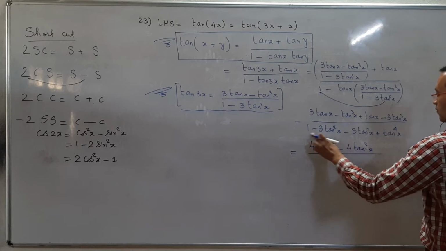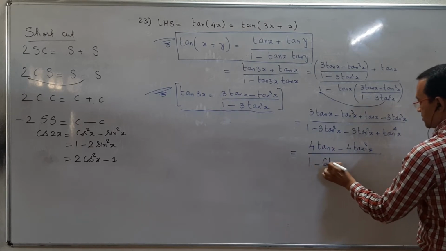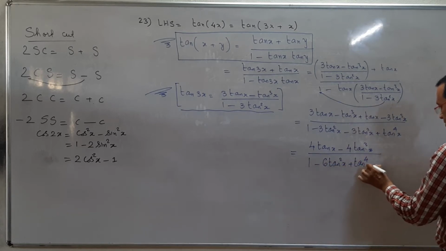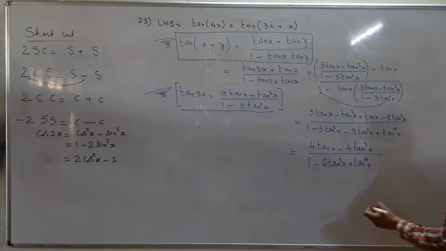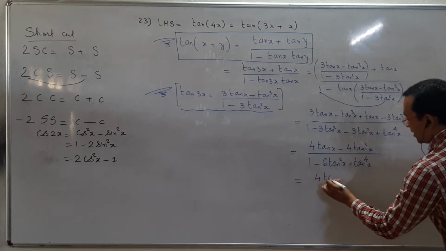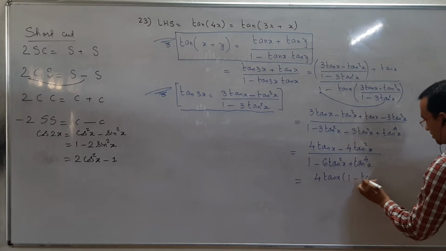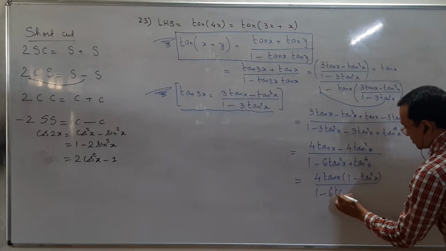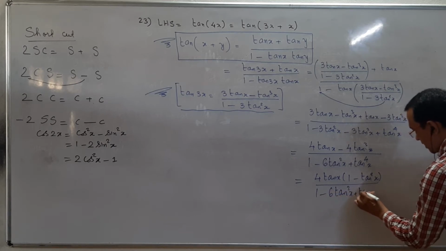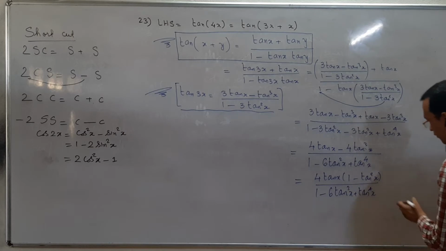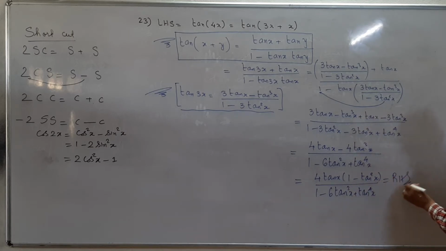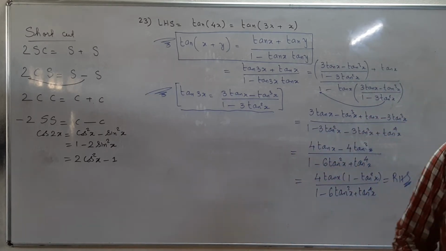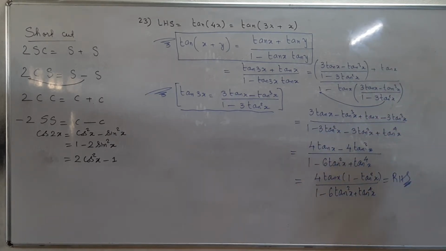upon 1 minus 6 tan square x plus tan x raised to 4. What is common from the numerator? 4 tan x bracket 1 minus tan square x, according to the answer, upon 1 minus 6 tan square x plus tan x raised to 4. That is, students, our RHS. This only, students, we have to prove.